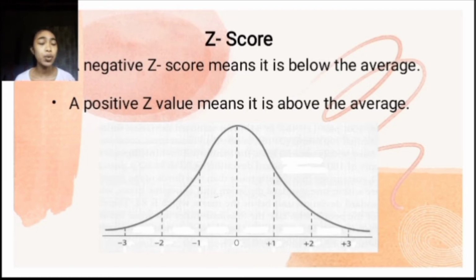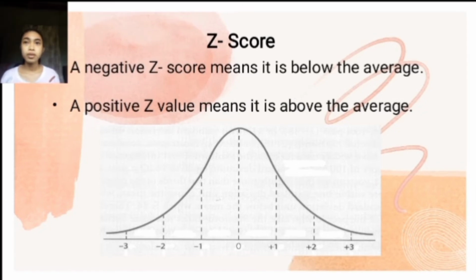A negative z-score means it is below the average. A positive z-score means it is above the average. We have an example of a normal curve. The mean here is 0. So if we get a z-score below the mean, it is negative, and likewise, if we get a positive z-score, it means above the mean.